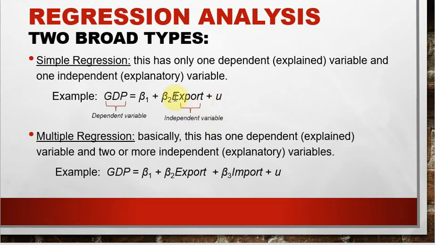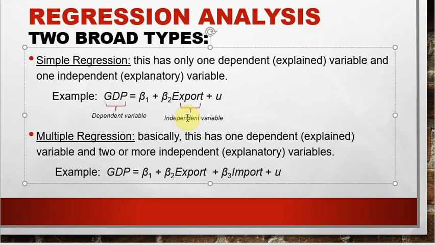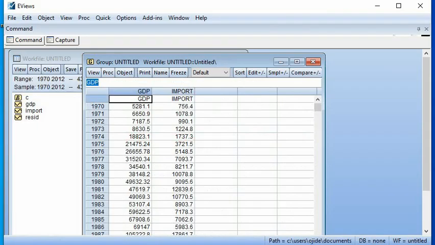But instead of export here, we have imports. That's the data we are using. Later we're going to do the multiple one, but we want to do the simple regression, and like the name implies, it's actually as simple as ABC. So having done this, you can minimize this data or actually close it up totally. If you close it, it's already in the system, so you have nothing to worry about.